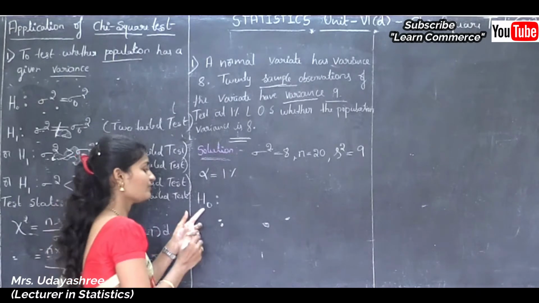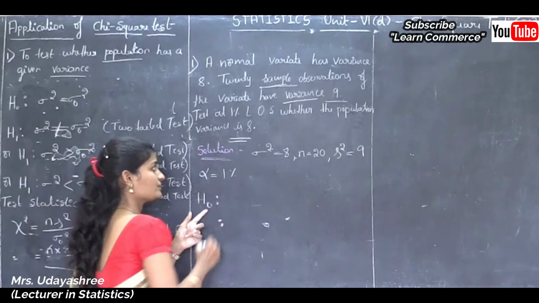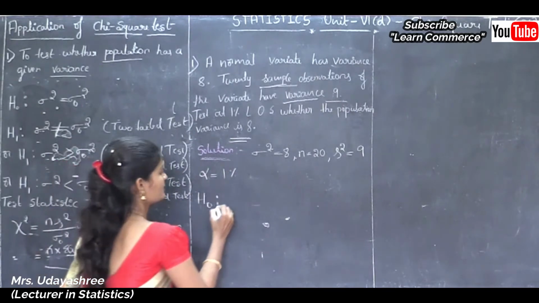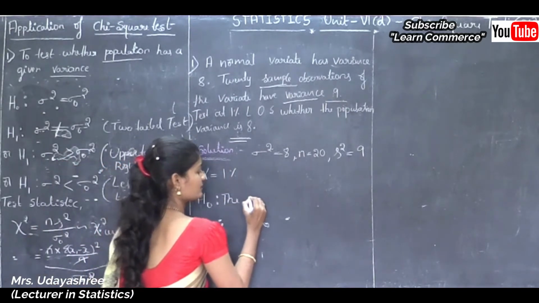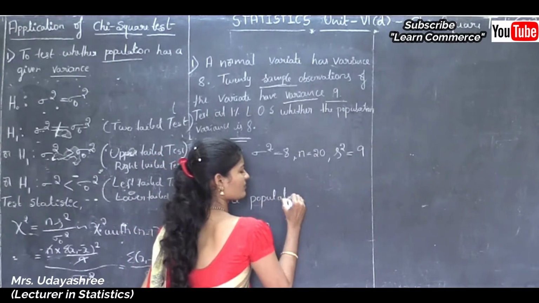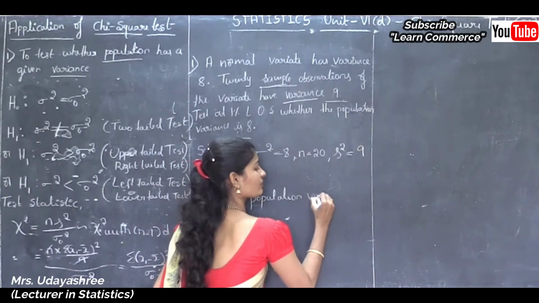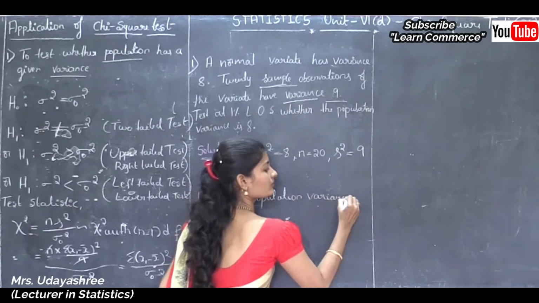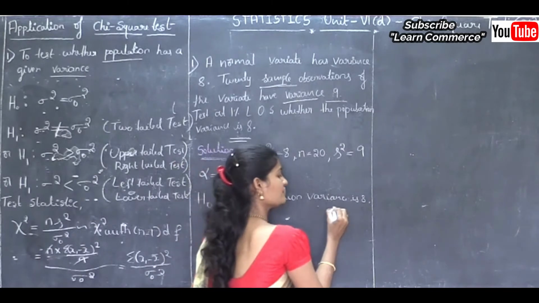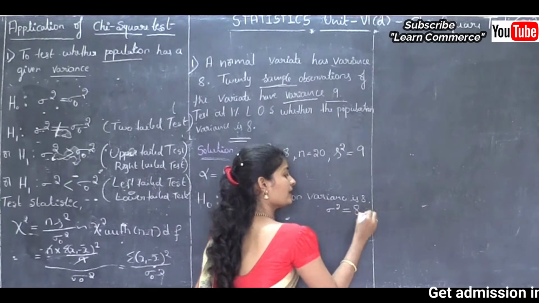So step 1 is setting up of the null hypothesis. So this is equal to type. Therefore h naught is the population variance is 8, that is sigma square is equal to 8.